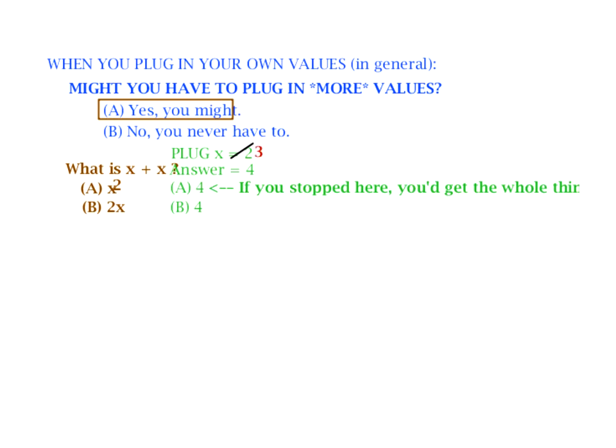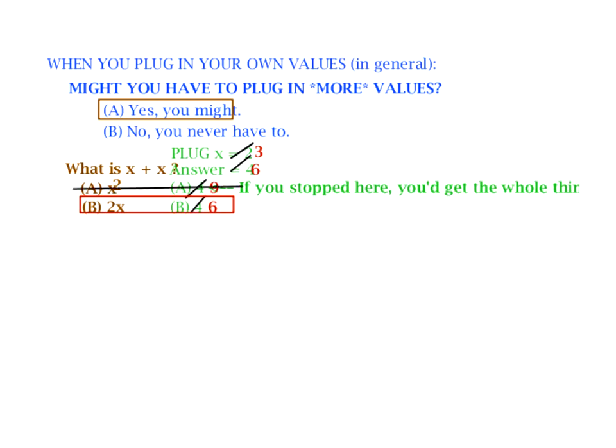Then the answer is 3 plus 3 is 6 instead of 2 plus 2 is 4. Then A is 3 squared, which is 9, and B is 2 times 3, which is 6. So then you would win with B, and you would lose with A.